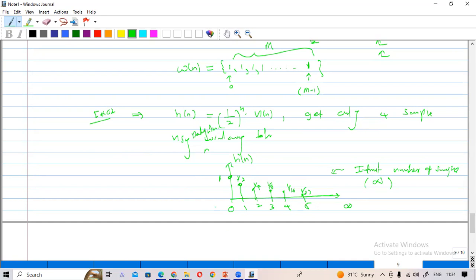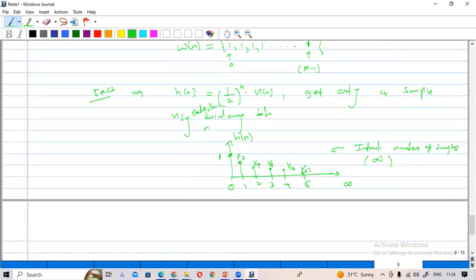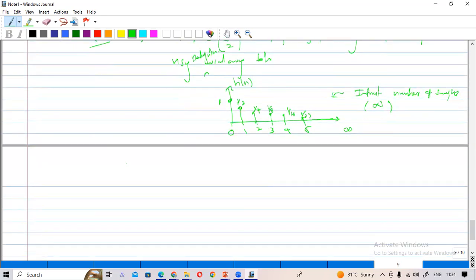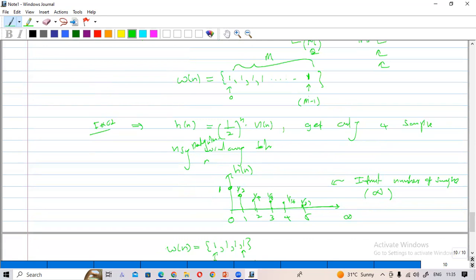Now you are asked to get only 4 samples. That means you have to define your window function w[n] as 1, 1, 1, 1, with only 4 samples. This will be the 0th one, and this will be the 4 minus 1, that means m minus 1, because the 0th sample is included here.